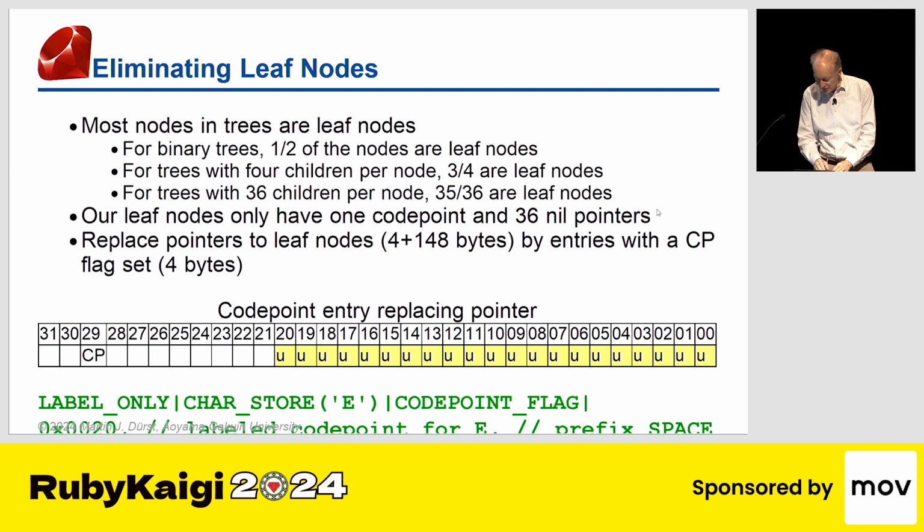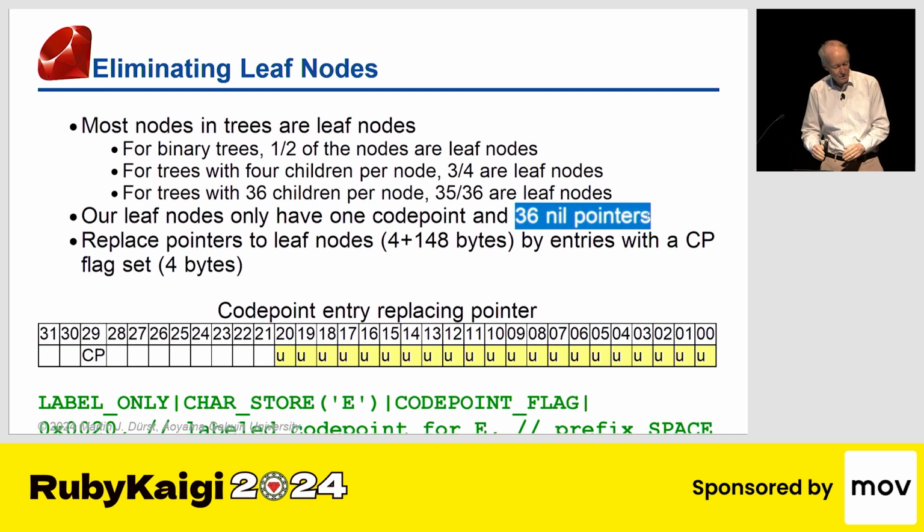How do these leaf nodes look in our case? We have one code point, and then we have 36 nil pointers. We don't have any additional data.